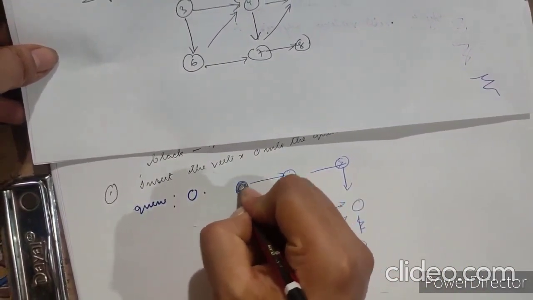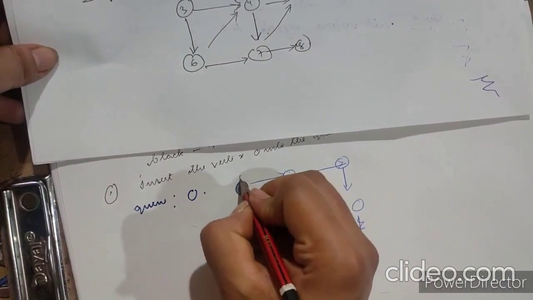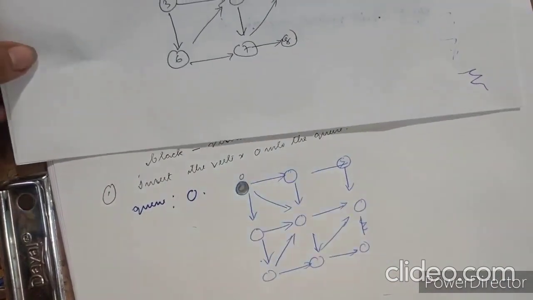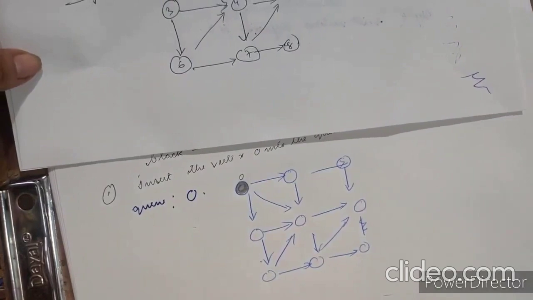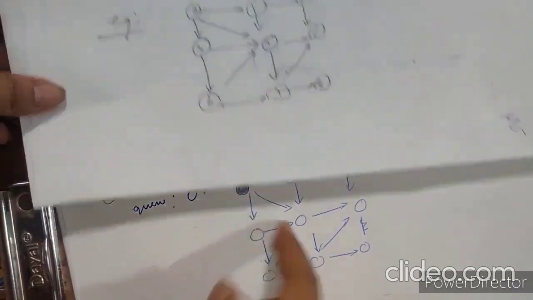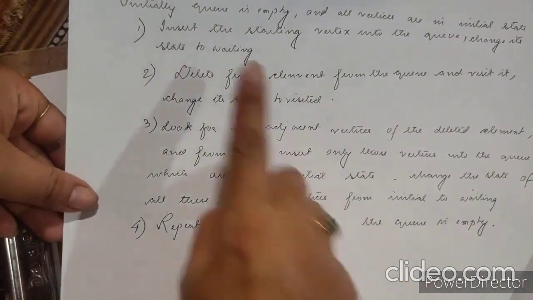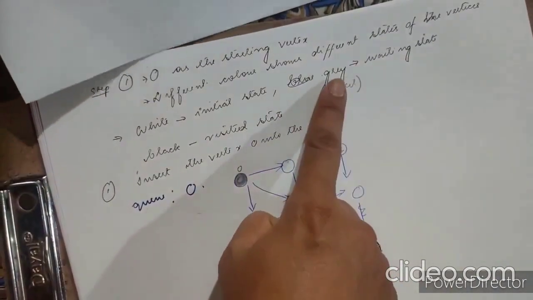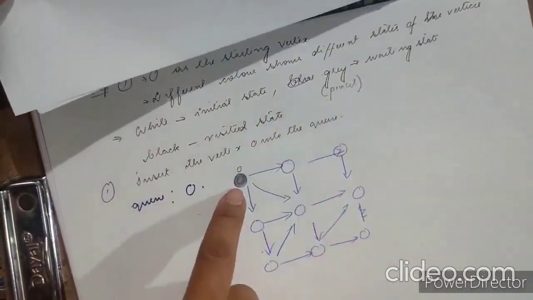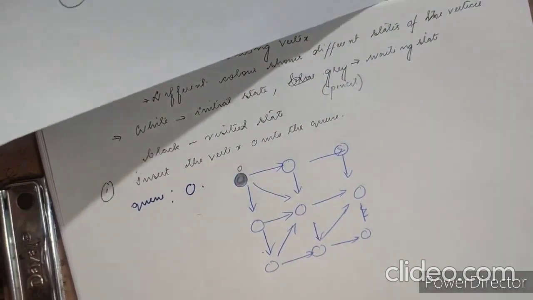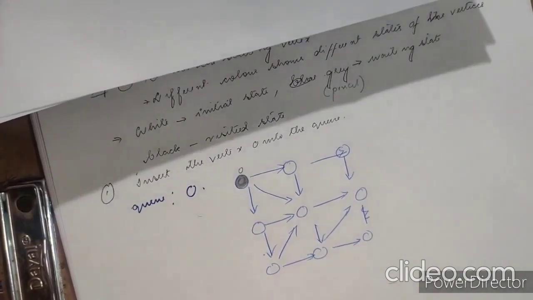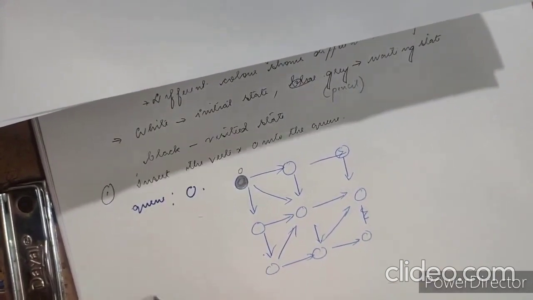I'm highlighting this one. This is your 0. So what does 0 say? 0 means it is going to be waiting. So here it is waiting, and we highlight 0 with gray. So 0 changes state.